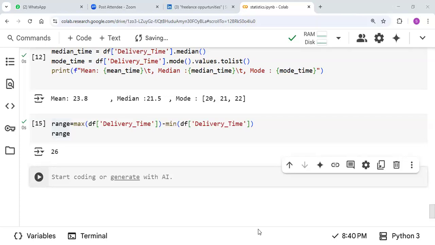Guys, I'm sharing it in the chat window. Please find box plot. The same example I have given, the box plot. We can still explore more scenarios and more examples to understand, guys.